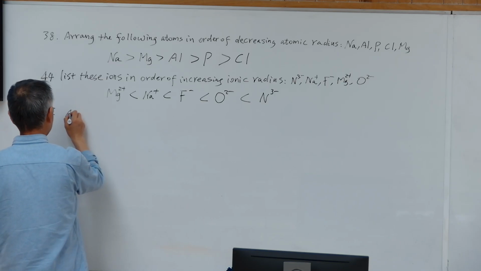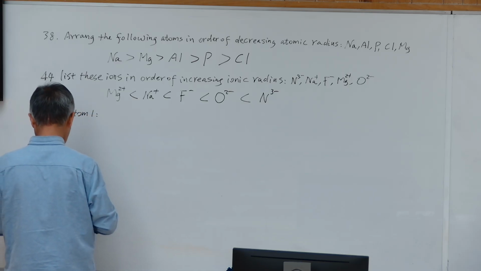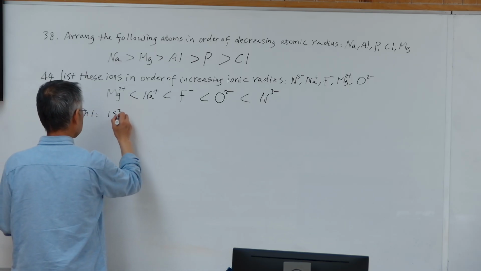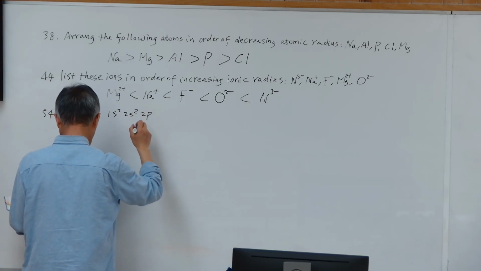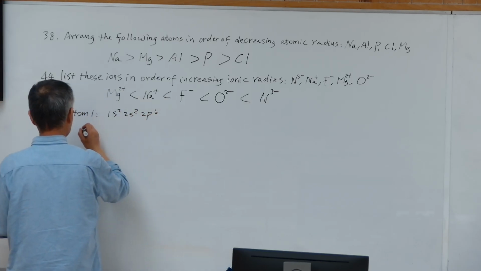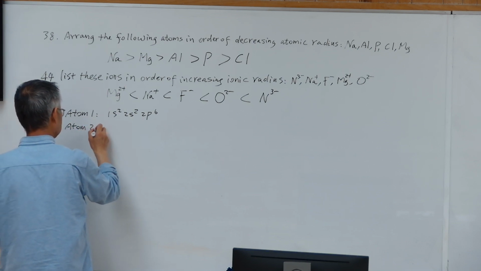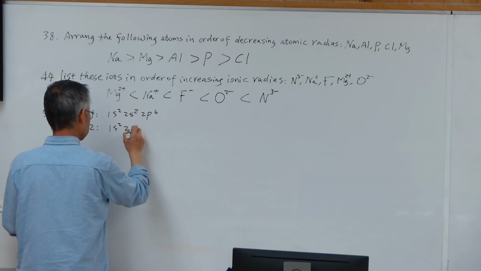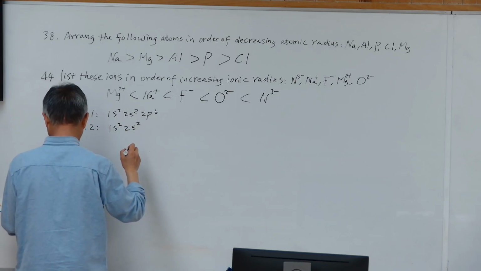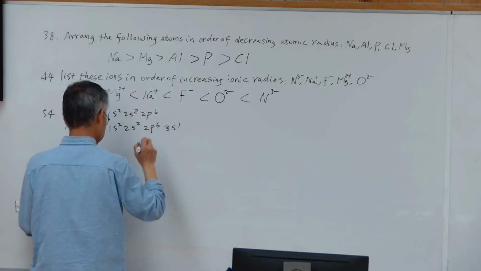Let's say atom 1 electron configuration is 1s2, 2s2, 2p6, while atom 2 electron configuration is 1s2, 2s2, 2p6, 3s1.